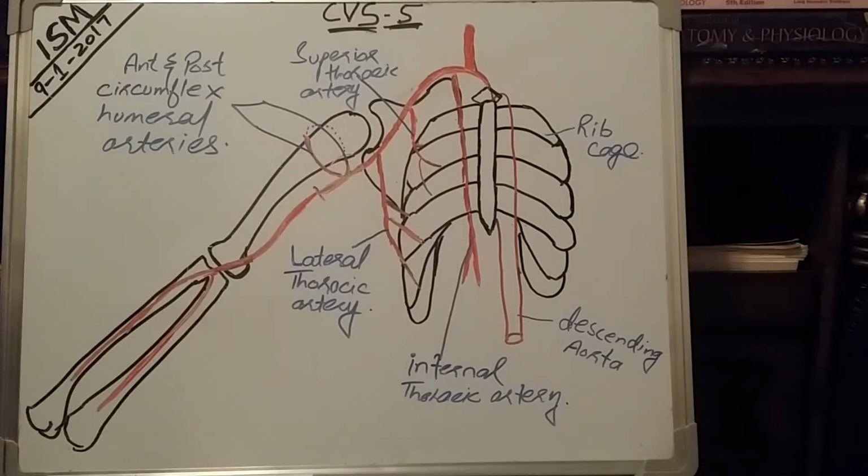The axillary artery mainly provides blood supply to the thorax region of the body.